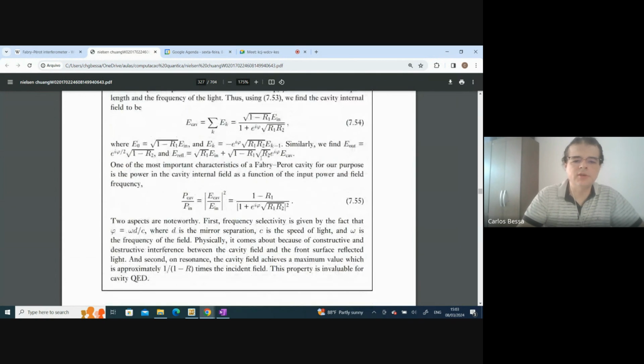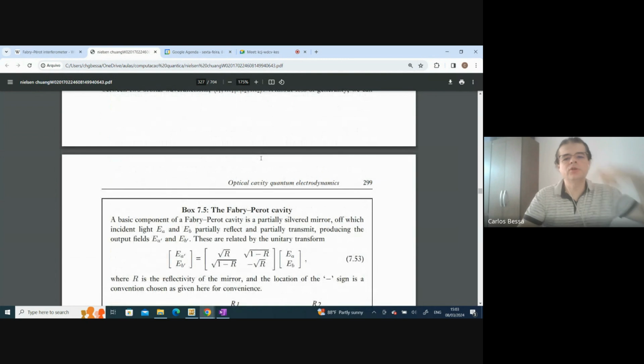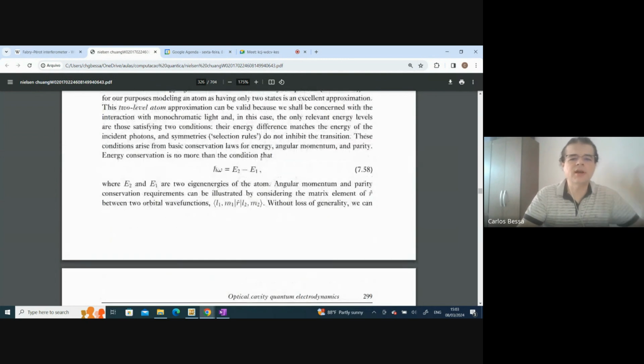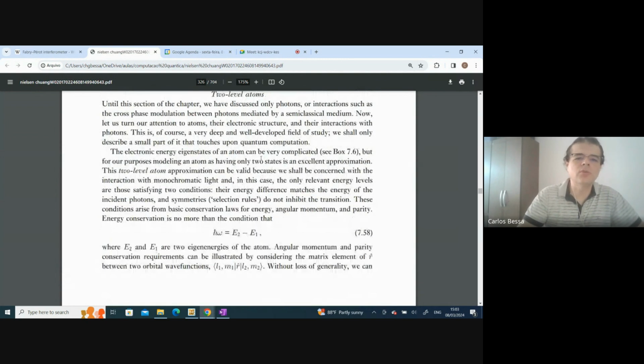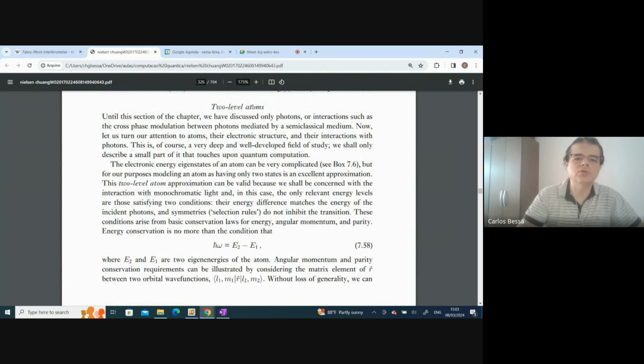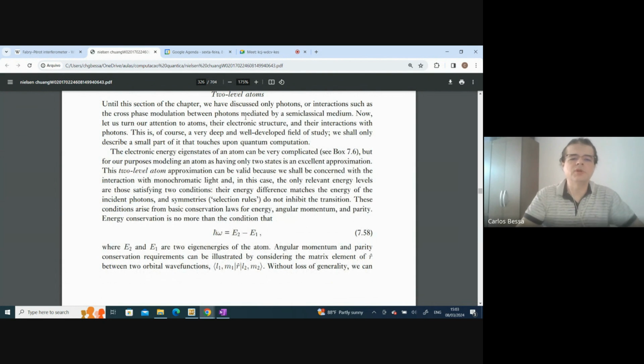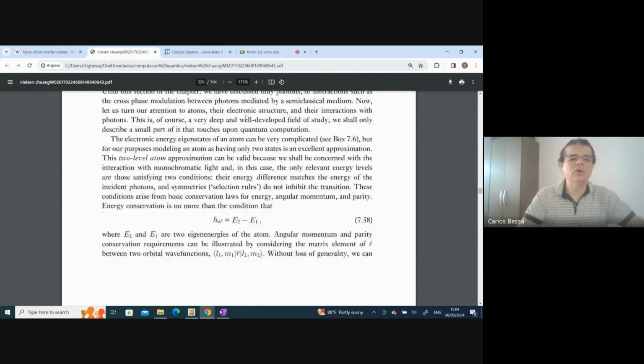The other part would start a new thing about atoms, two-level atoms, but since those are different topics, I think it's better we split into different sections. So probably the next section will be a little bit larger than 1 hour.